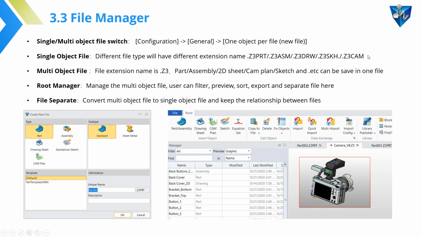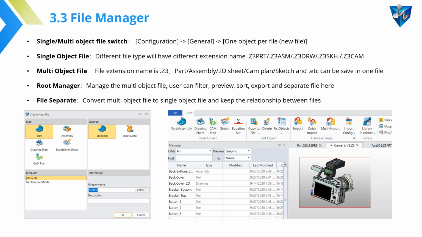So what is the multiple object file? For the multiple object file, all the files, including the assembly, part, 2D sheet, CAM plan, and so on, will be saved in one file, and the extension name is Z3. For the multiple object file, we have the root manager, and under the root manager, you can manage the multiple object file. The users can use the filter to select the target object, or use the preview to check the graphic or attribute.